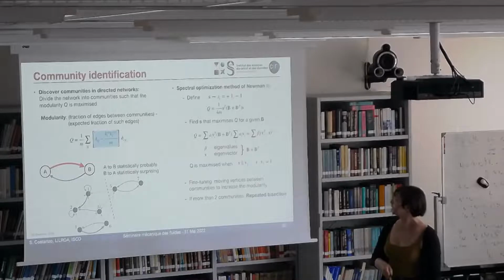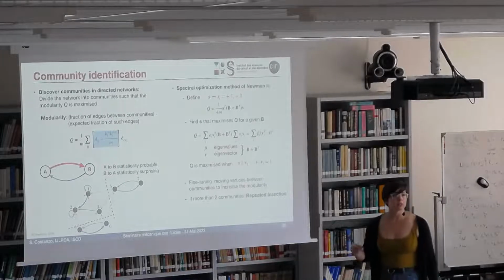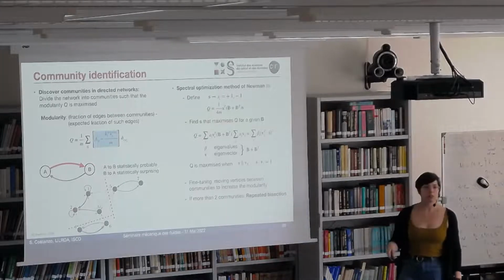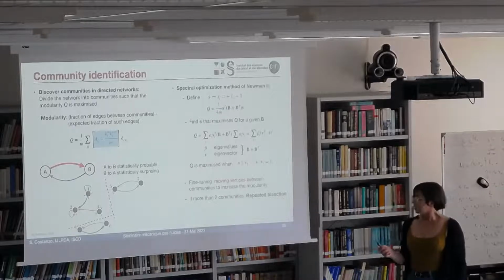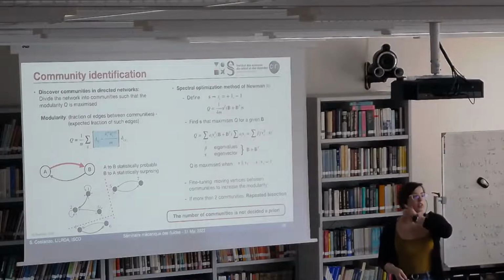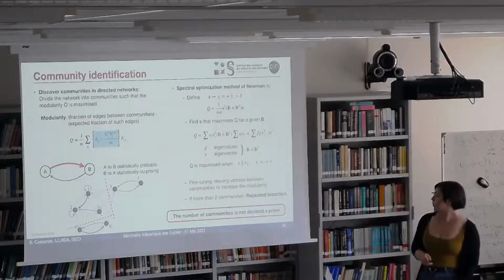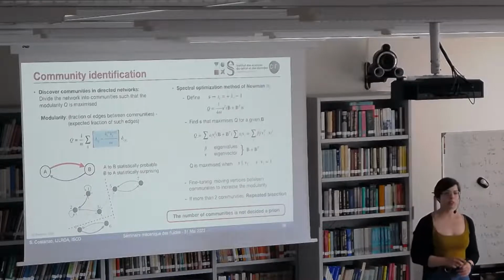So in this case, for example, we can do a first bisection, and then we work on this community again, and we cut again until the modularity is maximized. The positive aspect of using the Leicht-Newman network is that the number of communities and their size is not decided a priori.